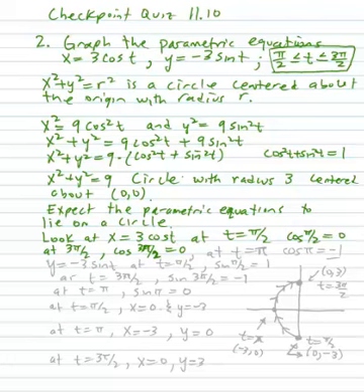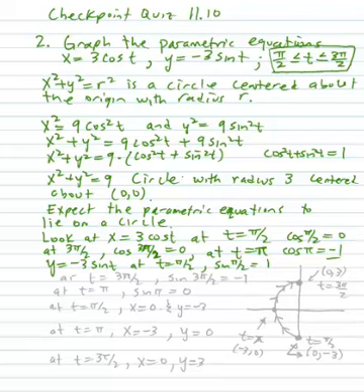Now let's take a look at trying to figure out a maximum value for the x component. At t equal pi, the cosine of pi is negative 1. We would expect a half circle from the region of pi halves to 3 pi halves for that parameter t. Let's check to see what happens in the y direction. For y equal negative 3 sine of t, at t equal pi halves, the sine of pi halves is equal to 1.